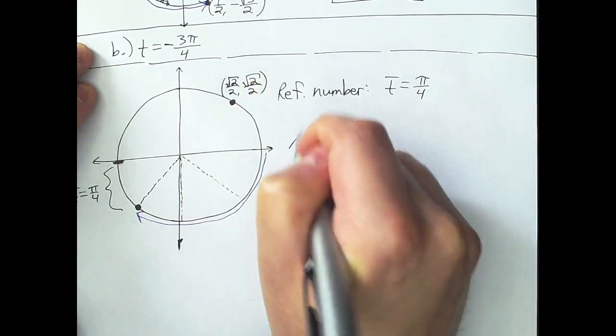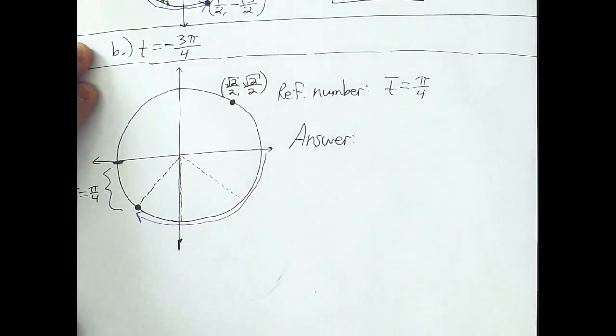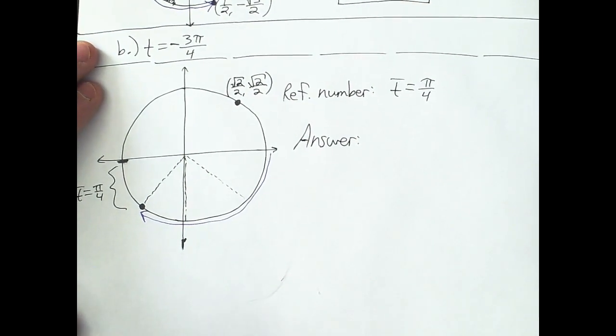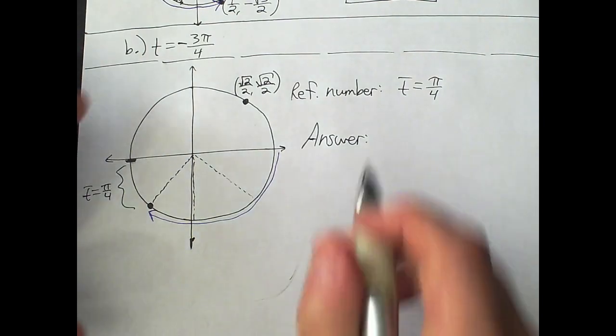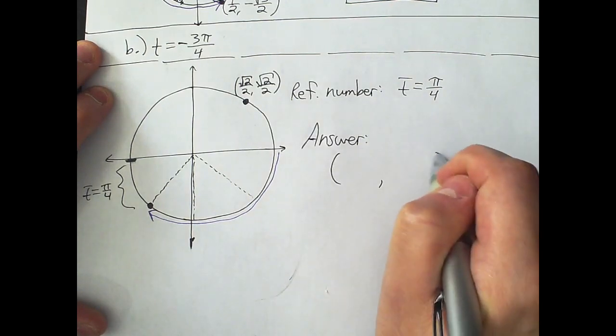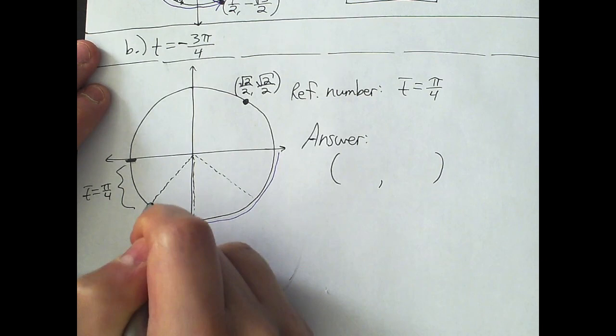So the answer that we want, we'll just go to the final answer now. It's going to be some form of the square root of 2 over 2, comma, square root of 2 over 2. We just have to figure out: are we doing pluses? Are we doing minuses? Look where the point is that we're interested in. It's over here.